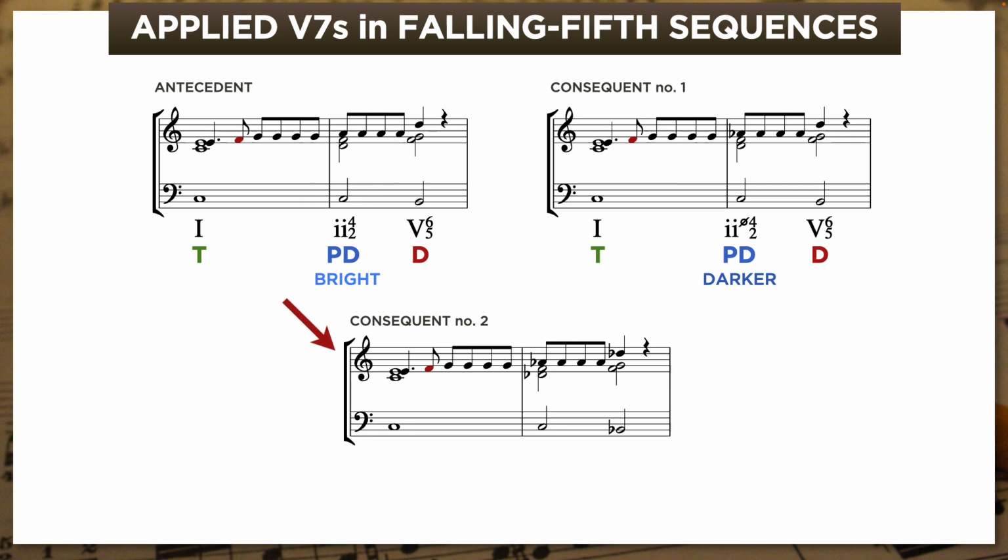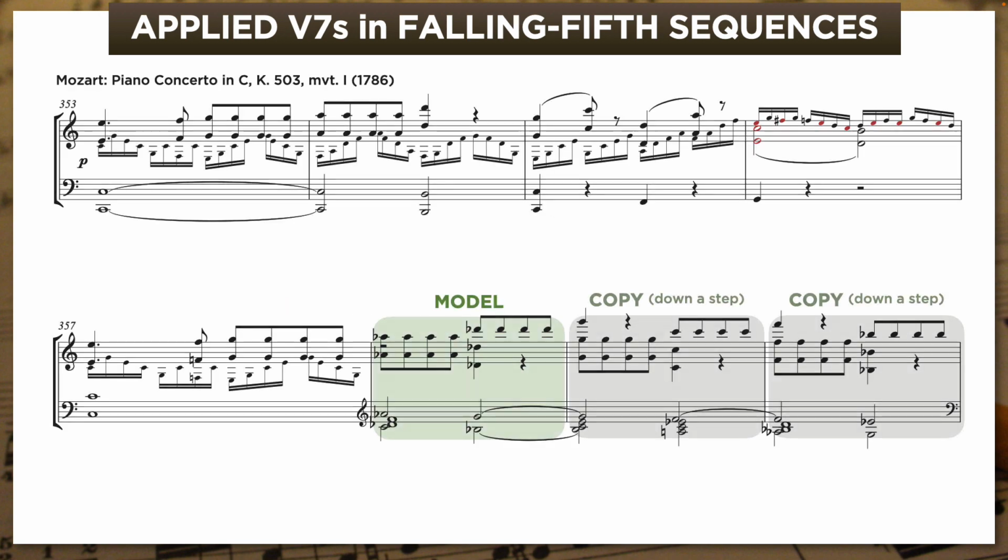But this later consequent phrase goes entirely dark, sending us off on a flatward tangent that almost completely obscures the original C major tonic. Try to home in on that sense of tonal disorientation when we hear the second version of the theme again with antecedent and consequent.